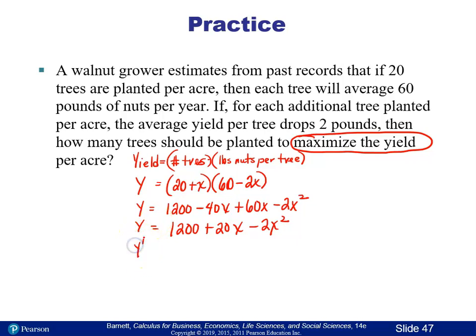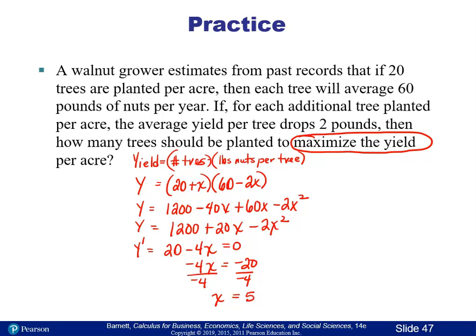Okay, all right, so we want to take the derivative of this, so that's going to be 20 minus 4x, and we solve this by setting it equal to 0. So x is going to be 5.